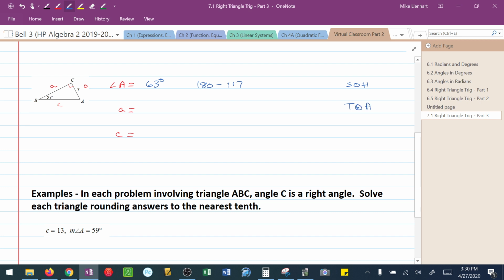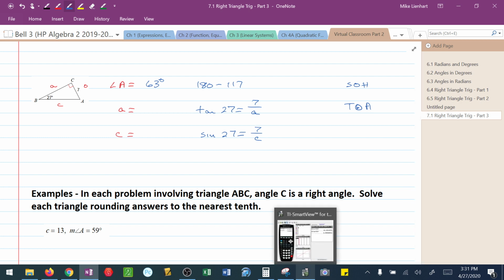A is adjacent, so that's going to use the tangent. The tangent of 27 is equal to 7 over A. And to find C, C is the hypotenuse. That's telling me to use the sine of 27 is equal to 7 over C.